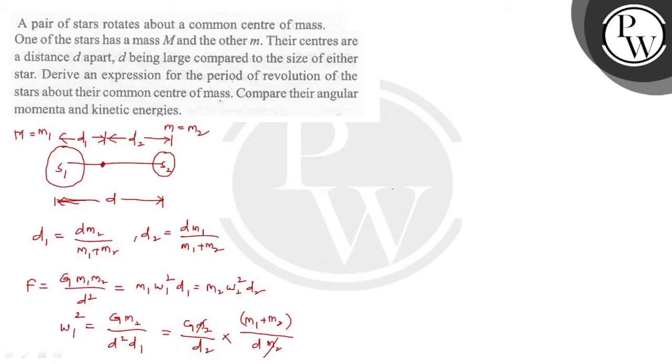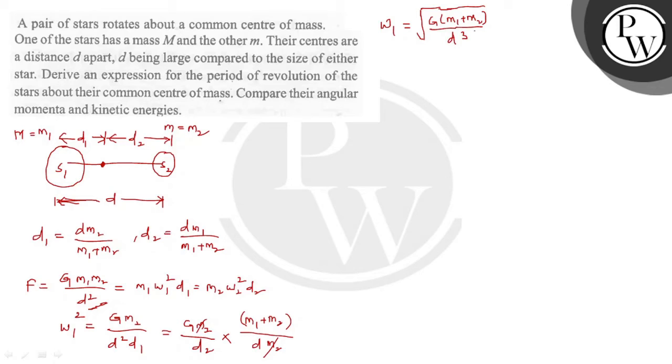So now omega 1 must be equal to under root G (m1 plus m2), completely under square root, by d cube.